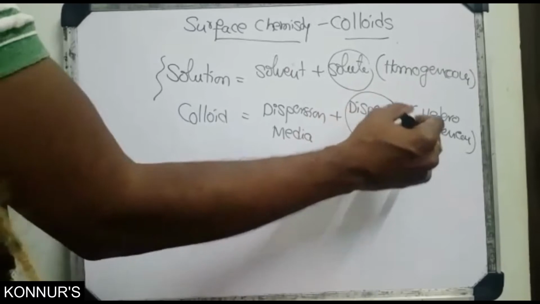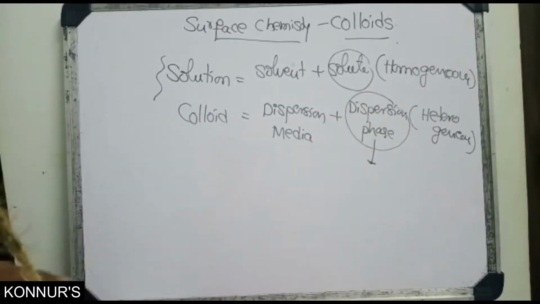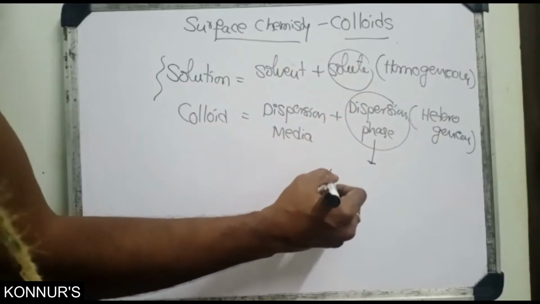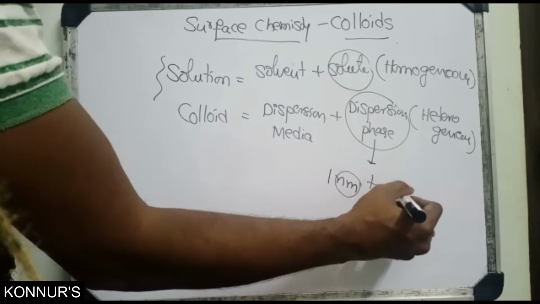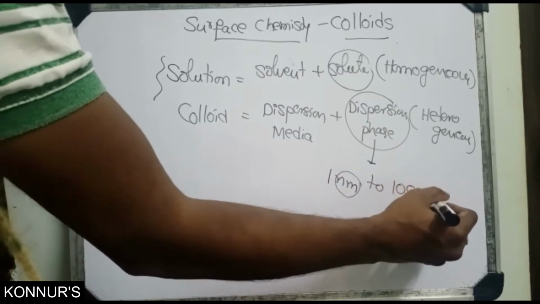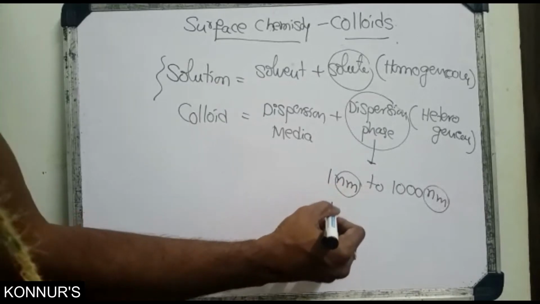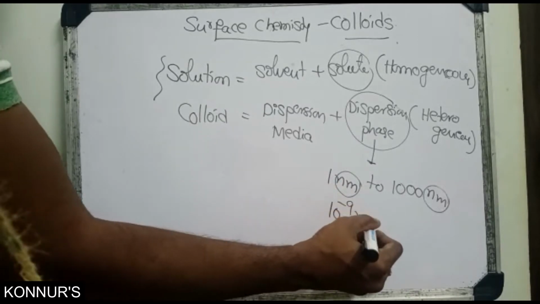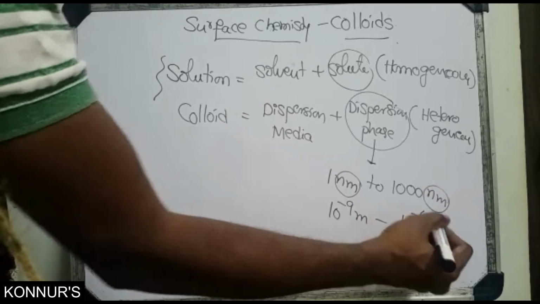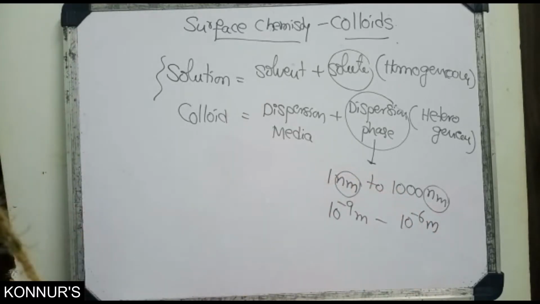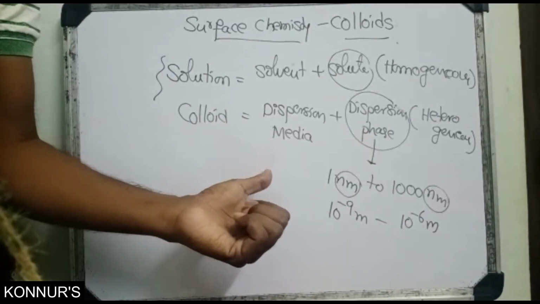If the dispersion phase, the solute, has a particle size of 1 nanometer to 1000 nanometers, that is 10 to the power of minus 9 meters to 10 to the power of minus 6 meters, then it is called a colloidal solution.